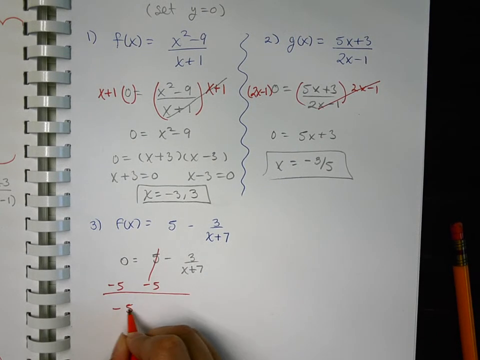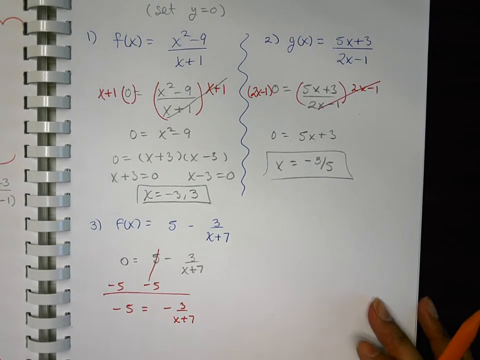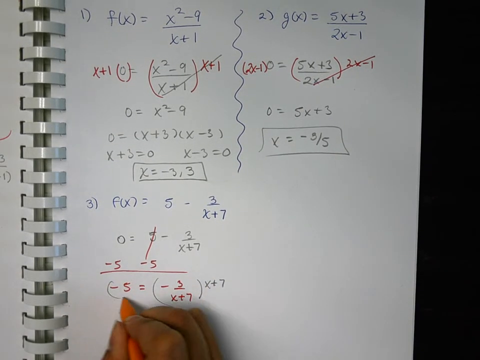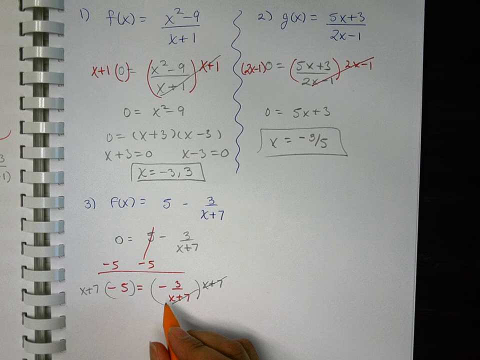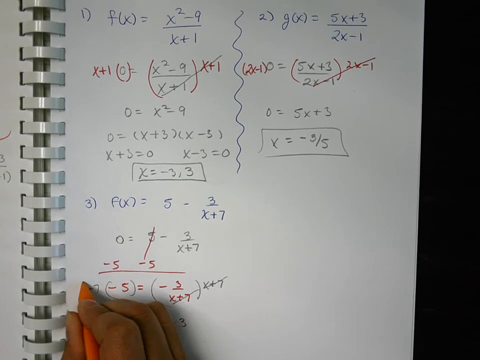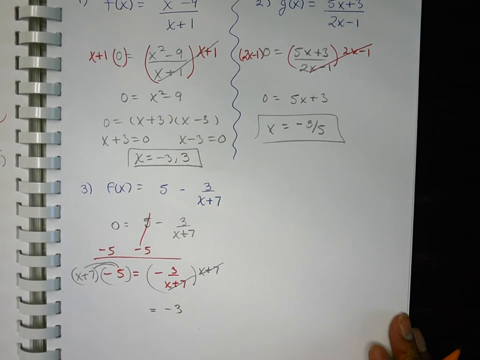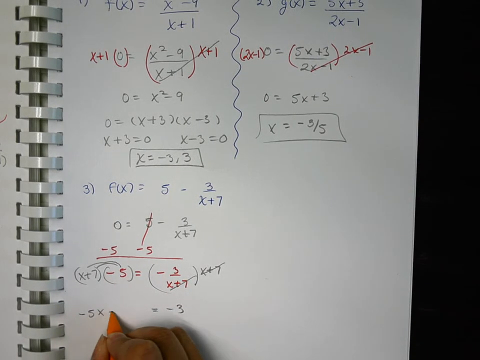Negative 5 equals negative 3 over x plus 7. And then multiply both sides by what? Now on this one, does it cross out here? No, it's not 0 here. It reduces on this side. That still happens. But on this side, you will have to distribute your negative 5. And what do we get when we distribute? Perfect. And I'll let you guys finish.